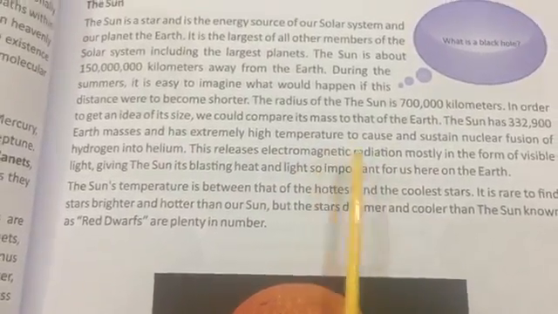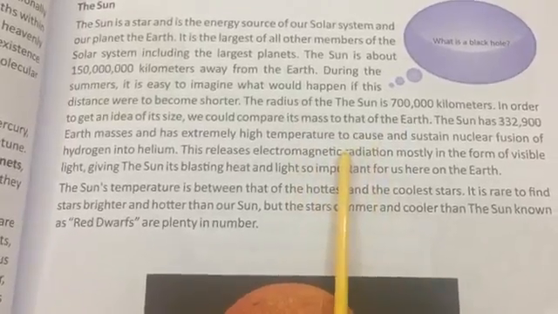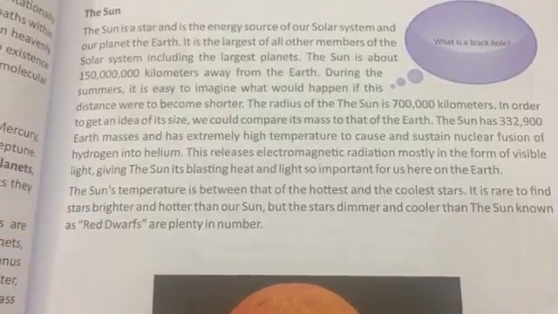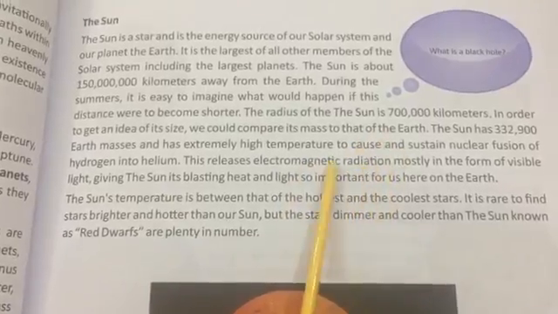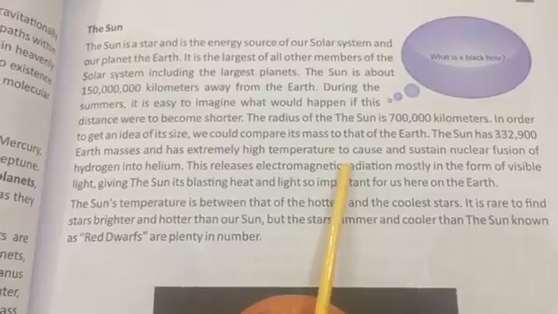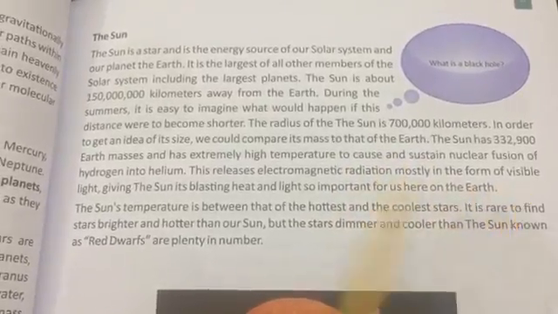It releases a certain type of rays, mostly in the form of light, and we can see that light, we can see the sunlight, right? So these gases release a kind of energy known as electromagnetic radiation, in the form of visible light.